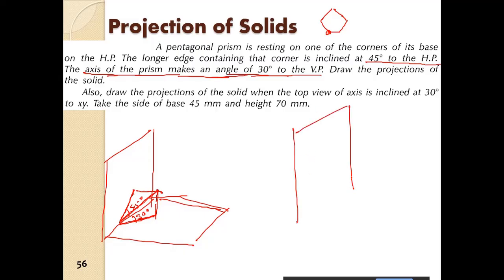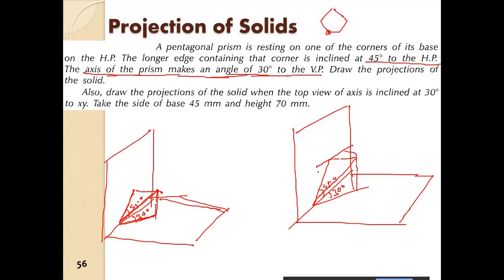If you remember when we did projections of line, if this is 45 degrees and this is 30 degrees, this is the line. So when we rotated, the projection moved on a line which is parallel to the XY line.